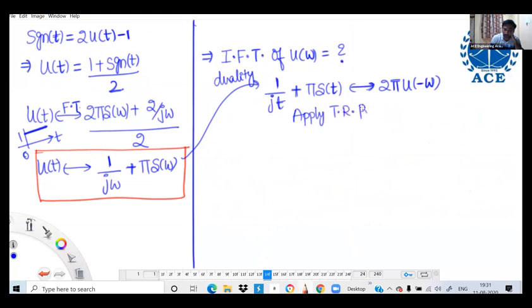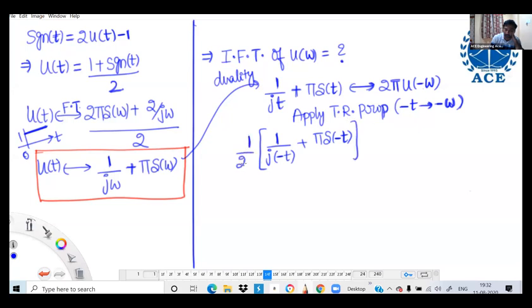Time reversal is t replaced by -t, ω replaced by -ω. So 1/(j(-t)) + πδ(-t). Take the 2π on the left side, the extra 2π multiplier on the left side.